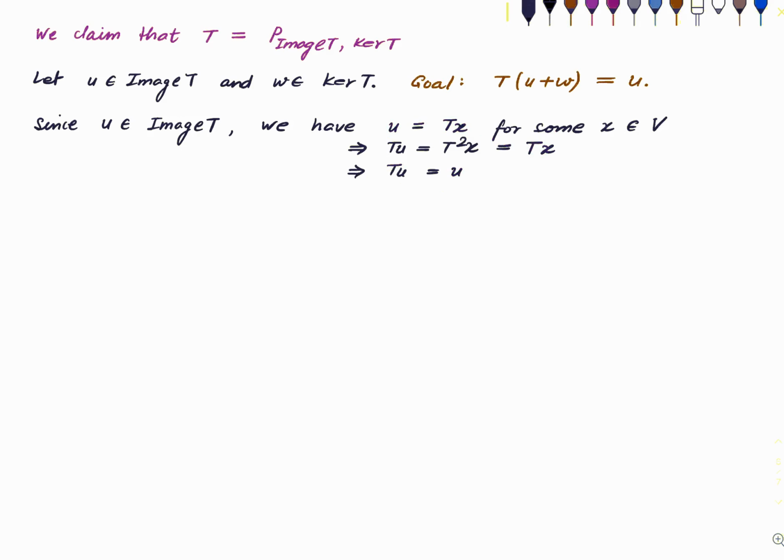What about T of W? Well, W is in the kernel of T, so T of W is 0. Therefore, T of U plus W is U, and we are done. This is what we wanted to do, and that finishes the proof.